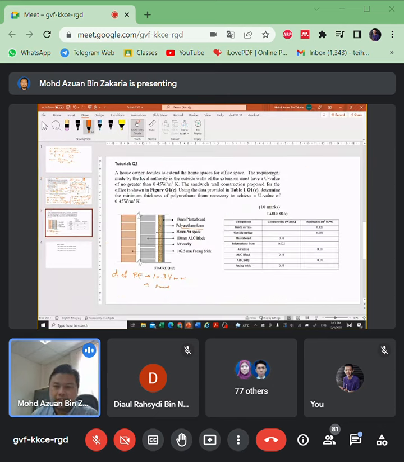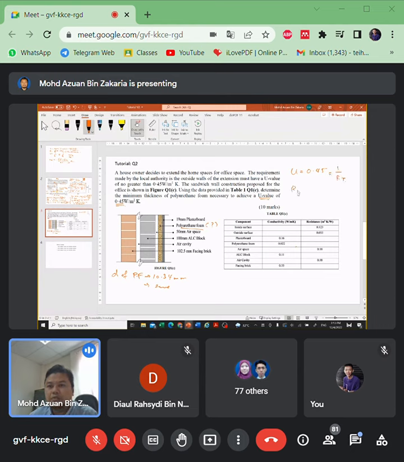Okay, yang ni target dia U value adalah 0.45. Okay, so maksudnya target value 0.45. So the thing is we want to know thickness of polyurethane. So let's calculate first all the resistance value. So basically U value target is 0.45. So then what is actually the U value? Okay.